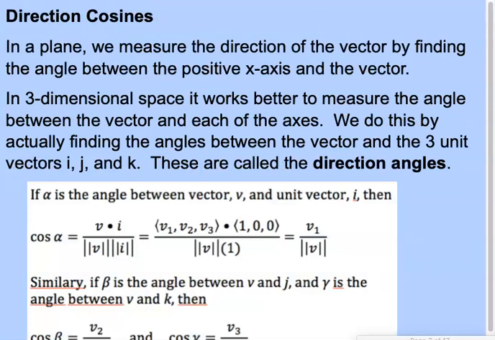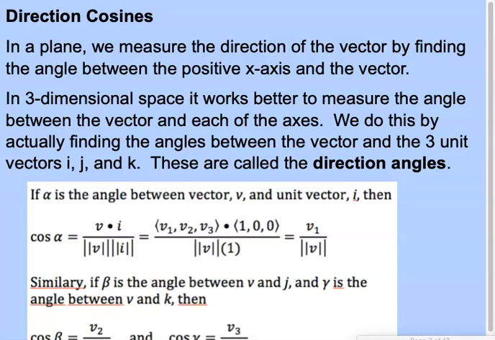Okay, direction cosines. So speaking of, we know how to find the angle between two vectors, but how do we know what angle a vector makes in the world? So we get out our beautiful octants, and I say, all right, you've got some vector in space, right?